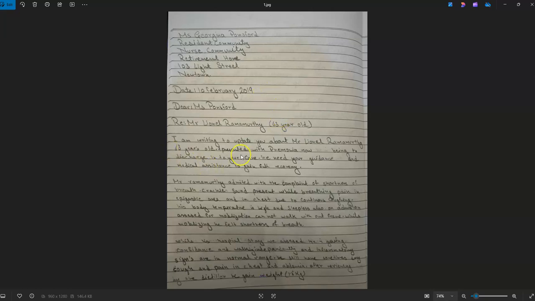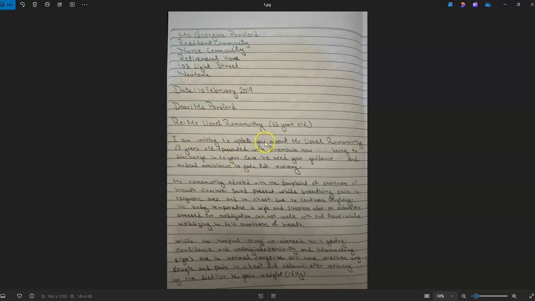Okay, good. I'm writing to update you about Mr Ramamurti, age 63's condition. I'm writing to update you about the condition of Mr Ramamurti, age 63. Following his successful treatment for pneumonia, so being discharged into your care.